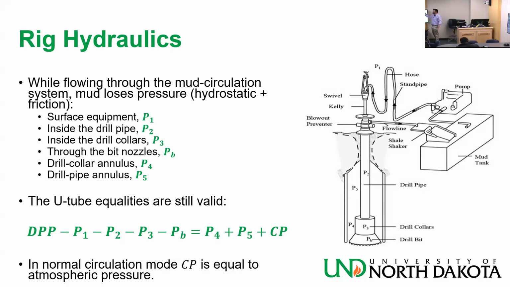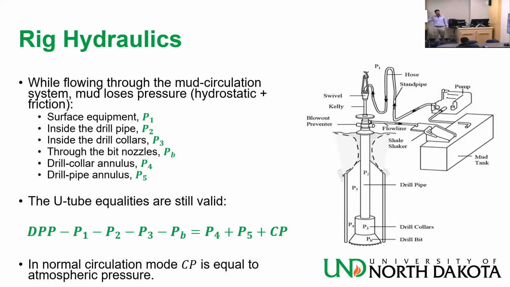So you are going to say the well is 10,000 feet deep. I'm going to gain 10,000 feet of mud above me. That's the hydrostatic weight. That's the 0.052. And then I'm going to lose it when I'm coming up. But throughout the whole process, I'm going to lose pressure throughout the system because of friction, from the beginning to the end, right?